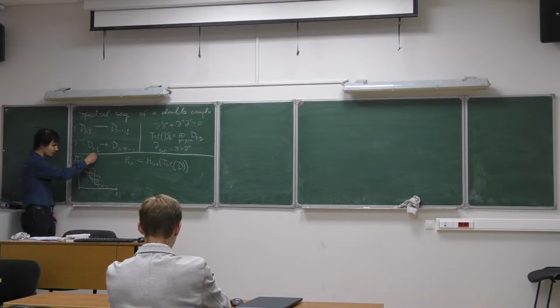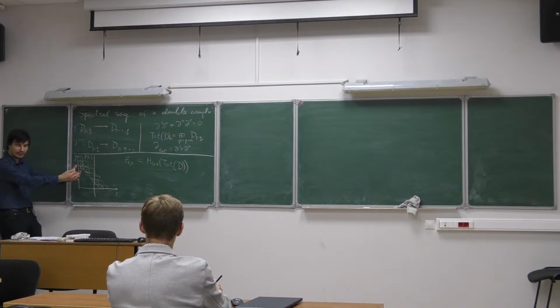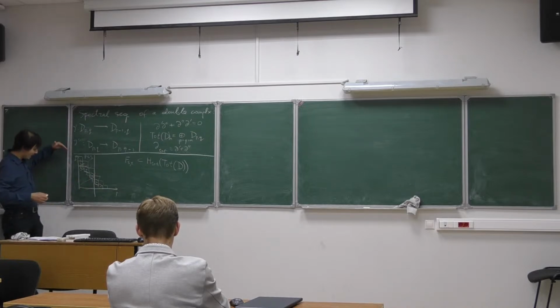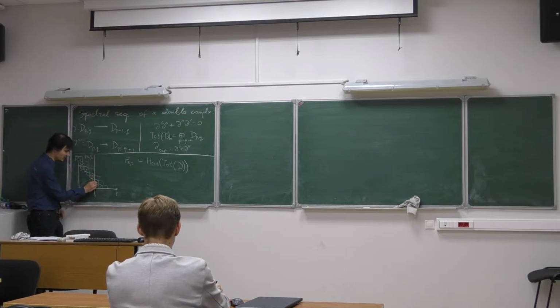And these are those homology classes which can be represented by cycles lying in the semiplane P less or equal to S. So this point has coordinates S, T, and a homology class lies in this subgroup if and only if it can be represented by such an element that we have zeros in all places on the right from this line. And on the left, we can have arbitrary elements.